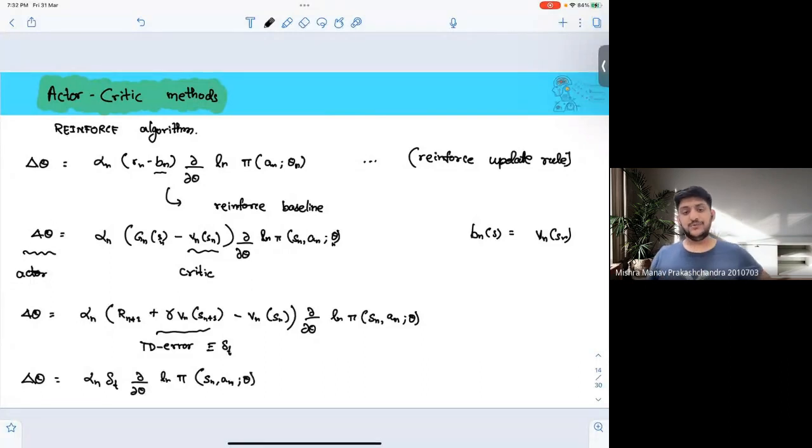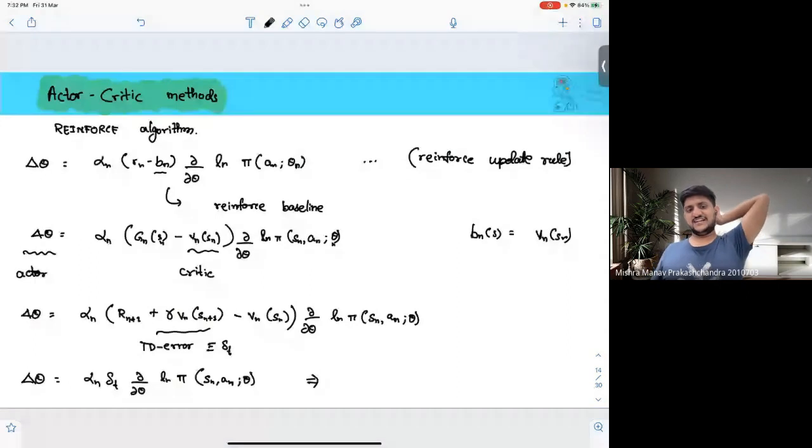Okay, you might see that we are reaching closer and closer to the original value function update rule. Only one change needs to be done. Somehow, this d by d theta term, I need to define a policy pi in such a way that whatever policy I have gets parameterized to either a 0 or 1 condition.